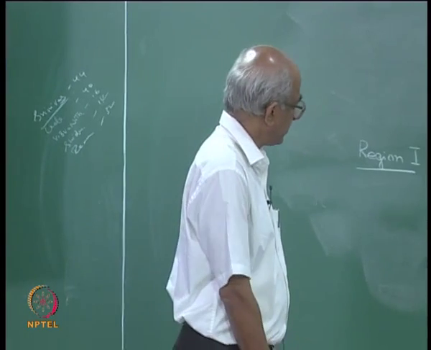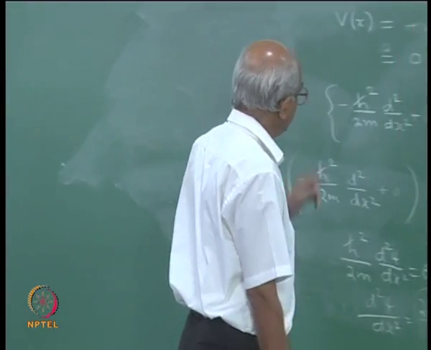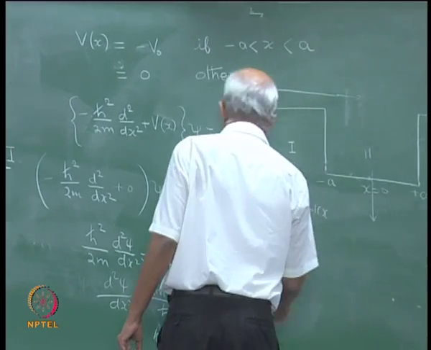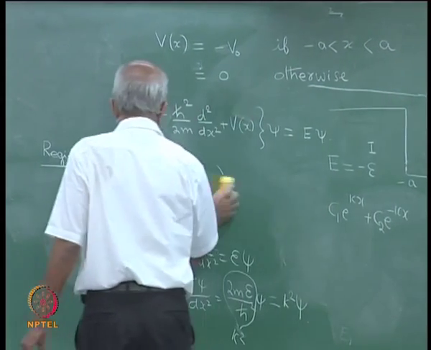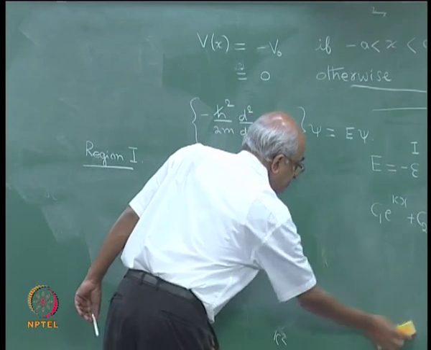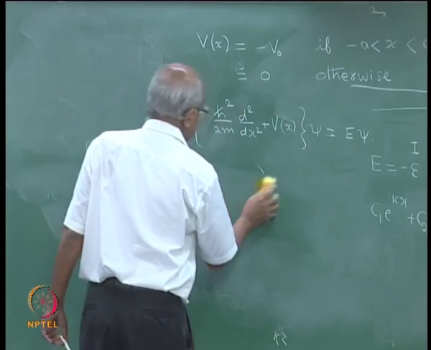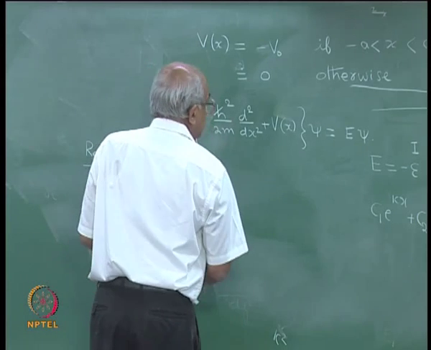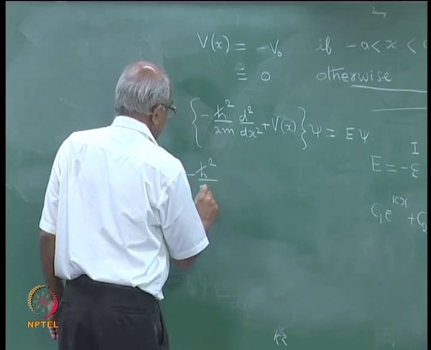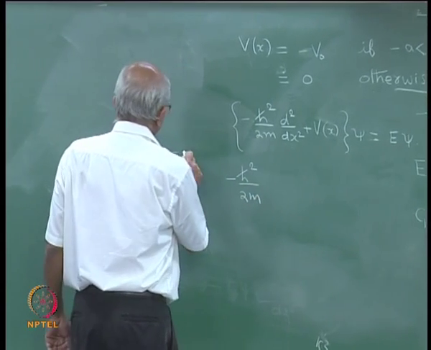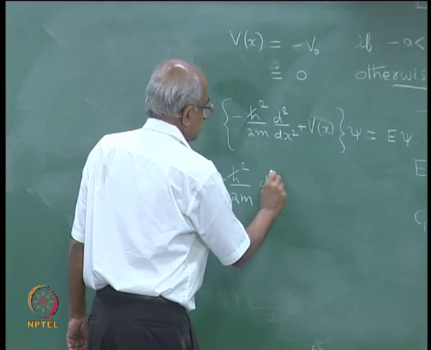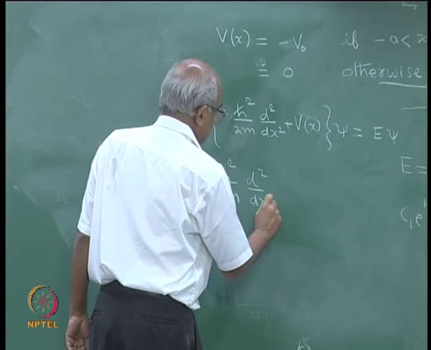So, what will happen in region 2? In region 2, this differential equation becomes minus h cross square by 2 m, now I am thinking of region 2, d square psi by dx square.